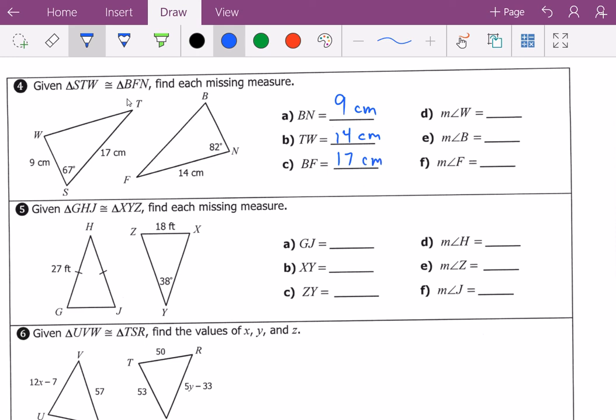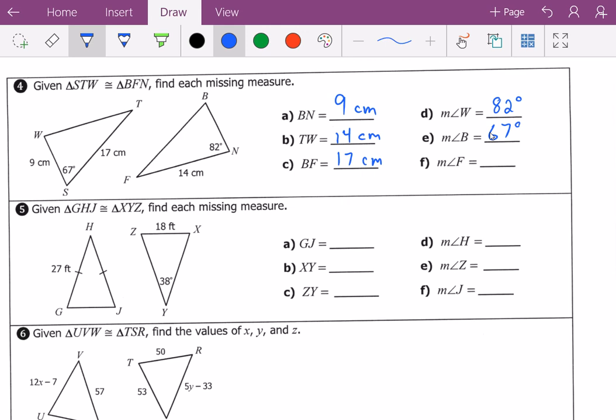To find angle W, W is the third letter, matches with the third letter, so W matches with N, which is 82 degrees, so W is 82 degrees. For B, that is the first letter, matches with the first letter, which is S. S is 67, so B is 67. Now to find F, we do not have a match for that in the actual labeling of it.